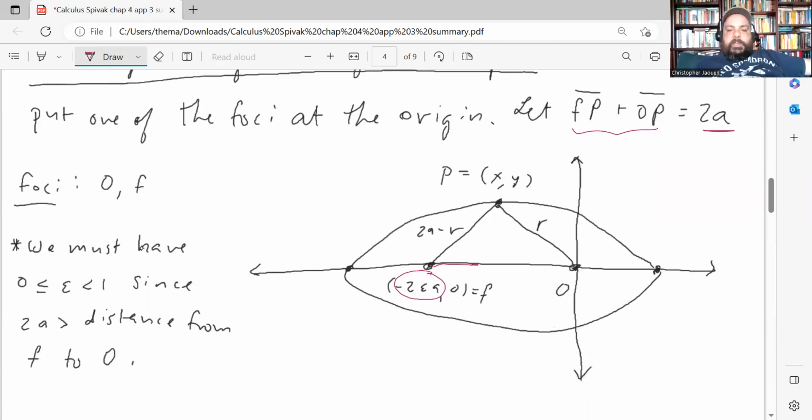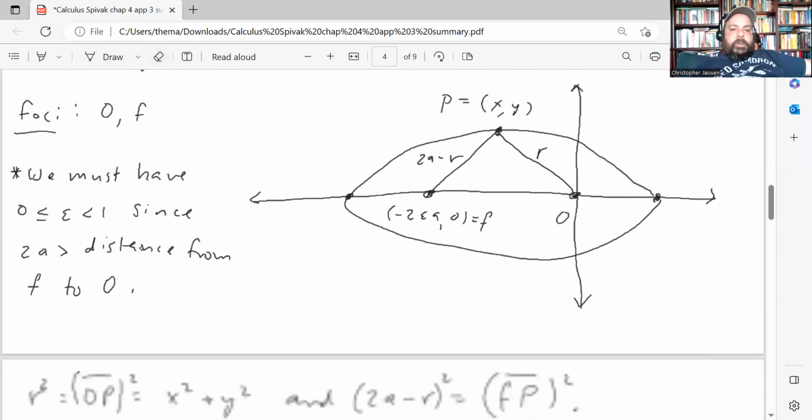So in other words, this distance here, let me use red here, is obviously less than this distance here, and this point here has to have x coordinate less than -2a as well, right? So this distance is some number between 0 and 1, multiple of -2a, right? Because this distance here is 2a.